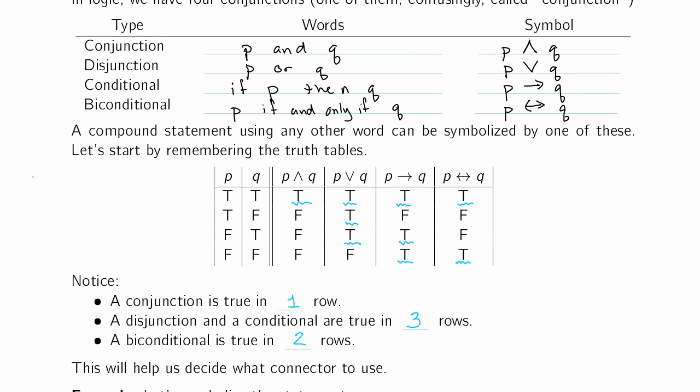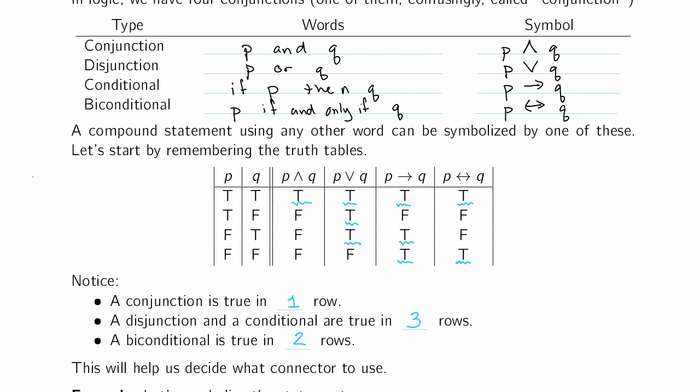So these 4 connectors, these 4 symbols to combine statements, will actually turn out to work for just about any combination of simple statements that we can make in English. If we can't get there using these connectors, there must be something more going on than simple computation of truth values.